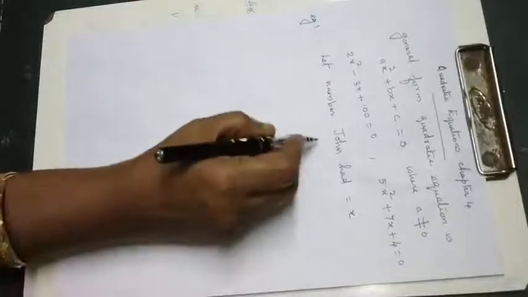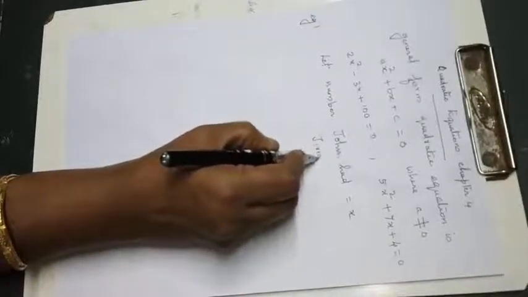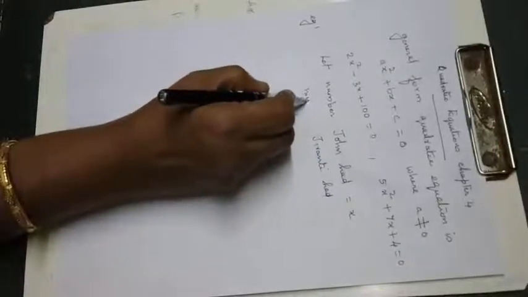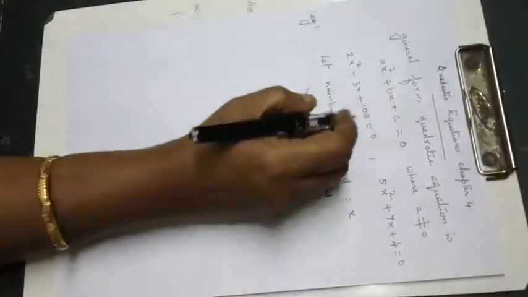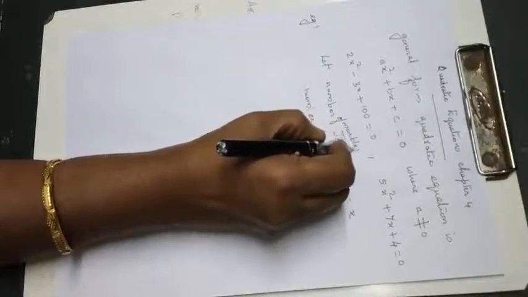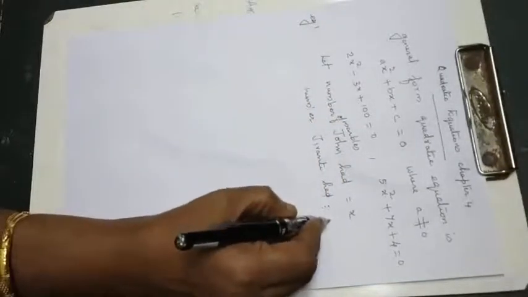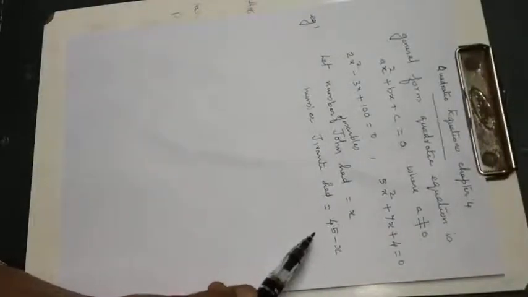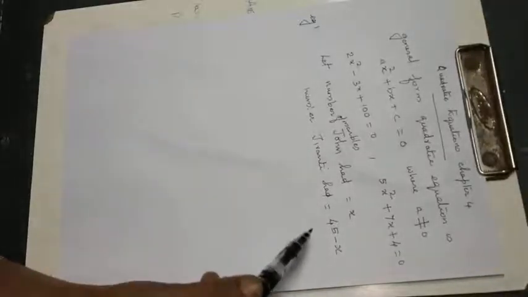Then what will be the number of marbles Jivanti had? That will be equal to 45 minus x. Why 45 minus x? They together have 45. If John had x marbles, then Jivanti will have 45 minus x.